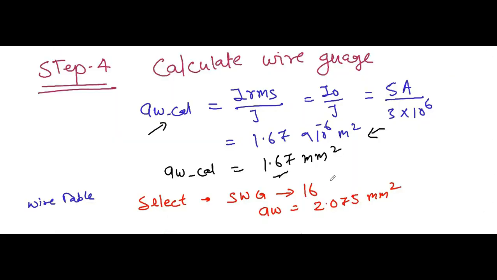So my wire gauge is 16, and my AW from the data sheet or the wire table is 2.075. So in the fourth step, I got the area of my selected wire, or I have selected my wire gauge. So this is step number 4.